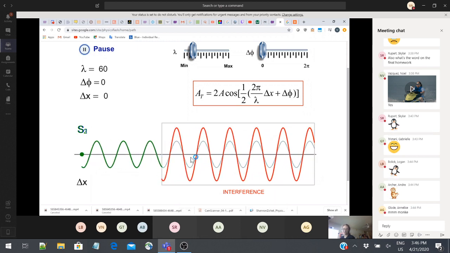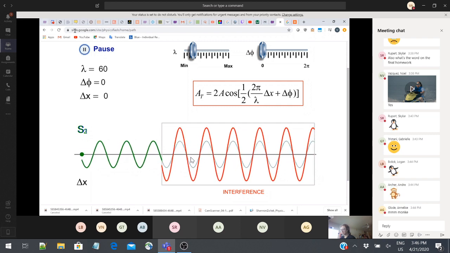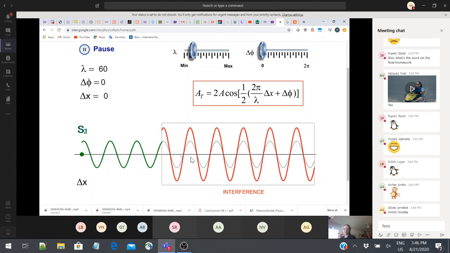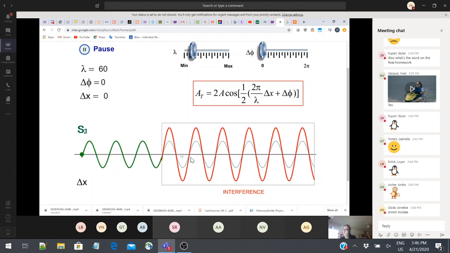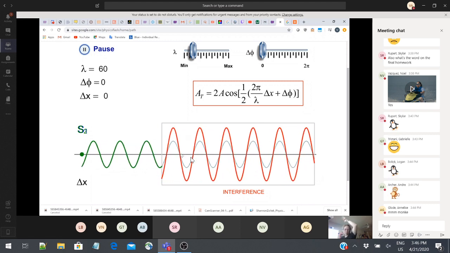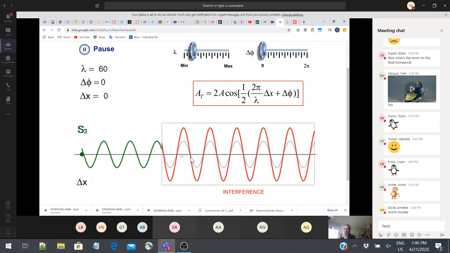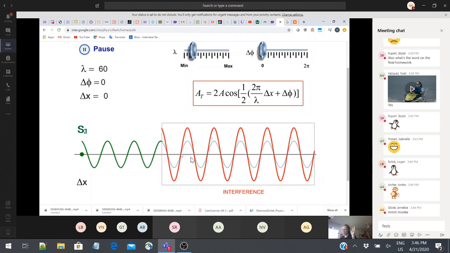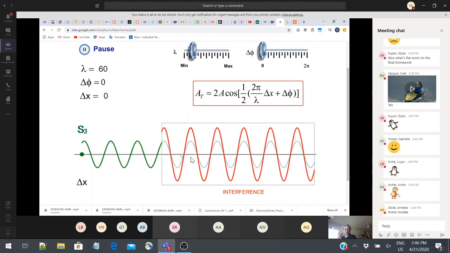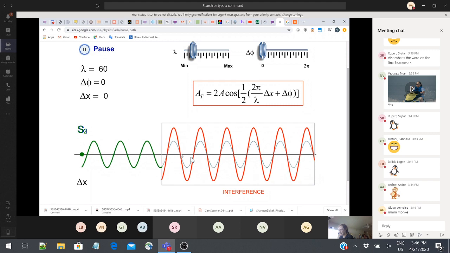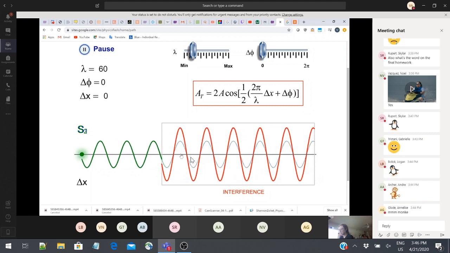I don't know if you can see where I'm pointing with the mouse. Right here. There we go. You will always see big zero, double crest, double trough, double crest, double trough. You will see the extra loud wave.